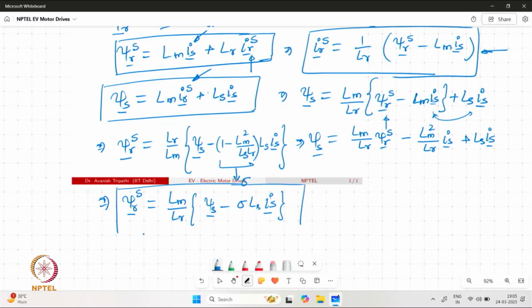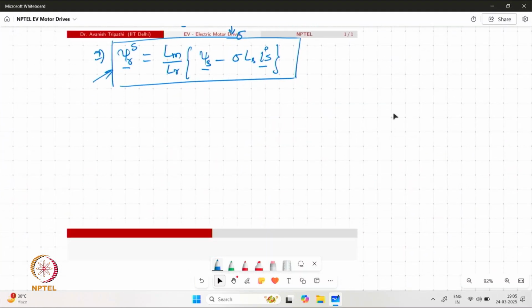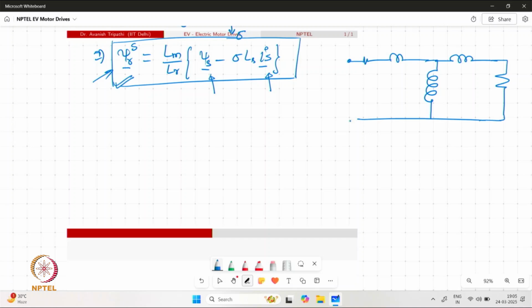Now this is interesting. If we are trying to compute the value of rotor flux, eventually we need to compute the stator flux, and then by subtracting the scaled value of Is, we can obtain the value of rotor flux. Now if we notice from the equivalent circuit, there are different components involved.